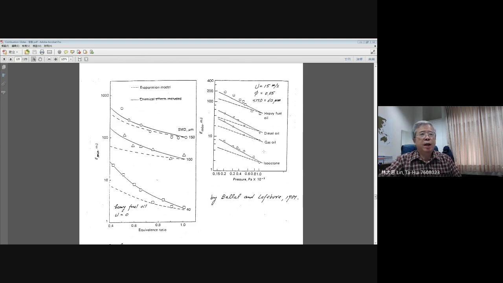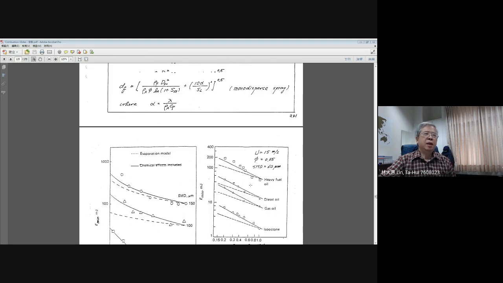Okay. The right-hand side shows the flowing streams, with U equal to 15 meters per second. That still gives you confidence in the modified theory. You can see the solid line is very close to the experiment, for different fuels: heavy oil, diesel, gas oil, and isooctane.